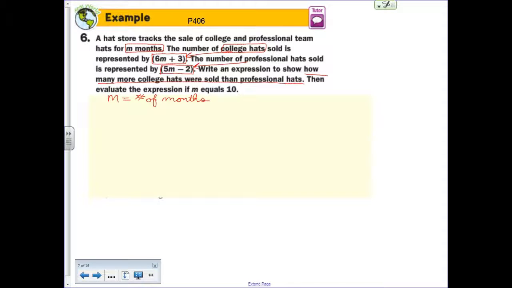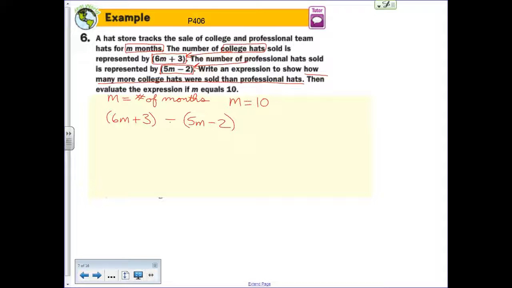So when we write our expression that is going to be a subtraction expression, it's going to be college hats, 6M plus 3, minus professional hats, 5M minus 2. Then we need to simplify the expression before we evaluate this expression as if M equals 10, and it would not be 10 hats, it would just be 10.